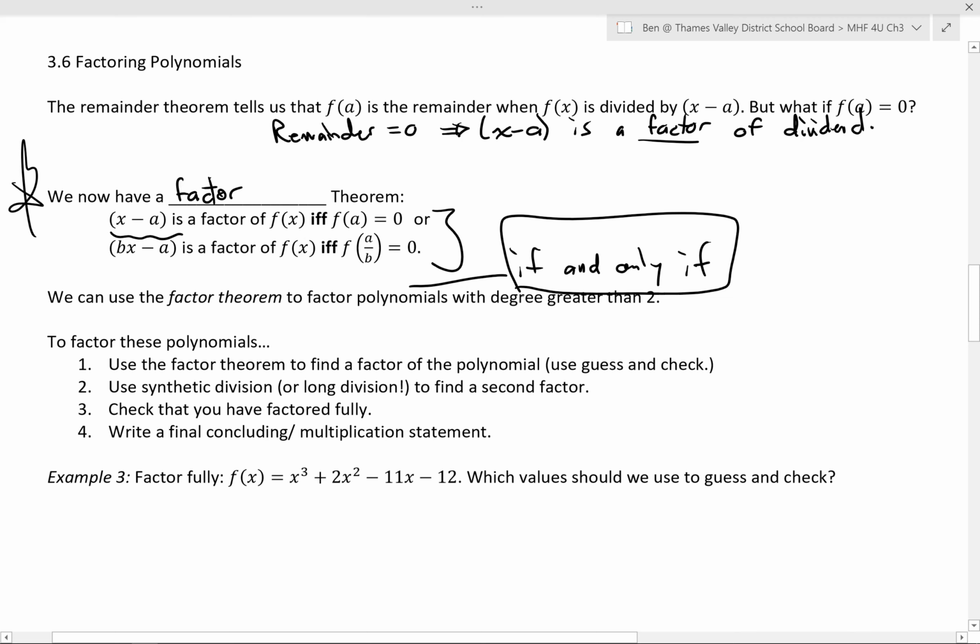Same thing if we have a root that has an a value and a leading coefficient not equal to 1. So if it equals b, say, then bx minus a will be a factor of f of x if and only if f of a over b equals 0, as in if f at the root of this factor equals 0. Now this makes sense.